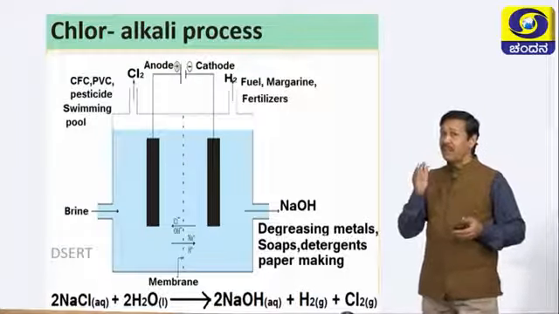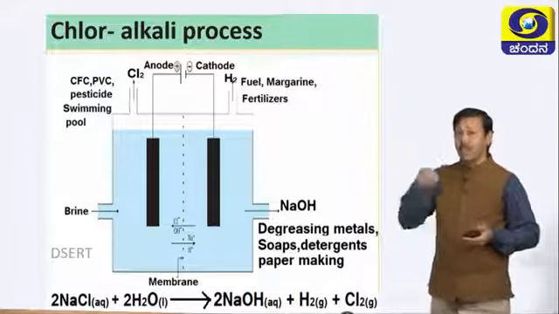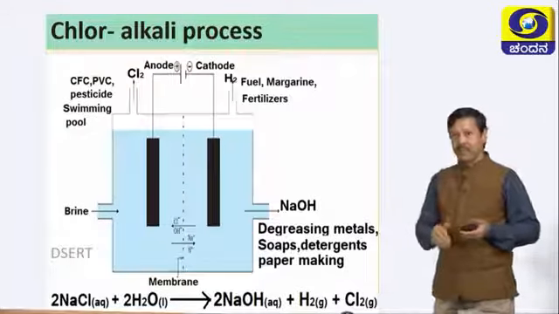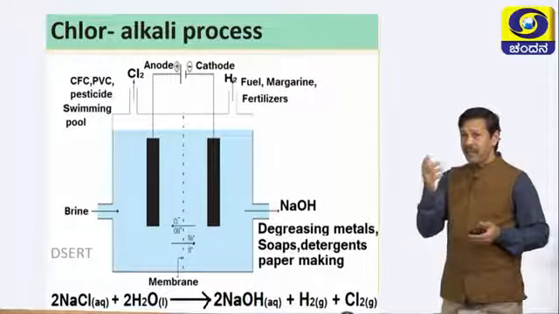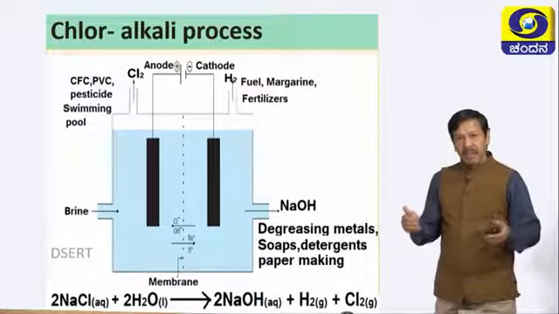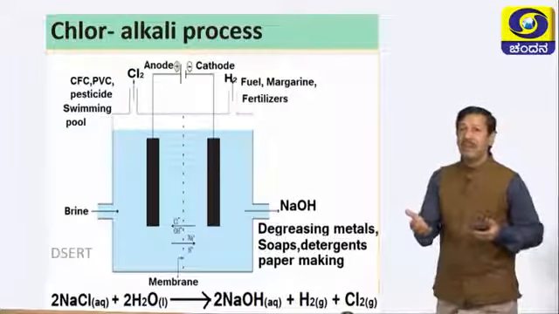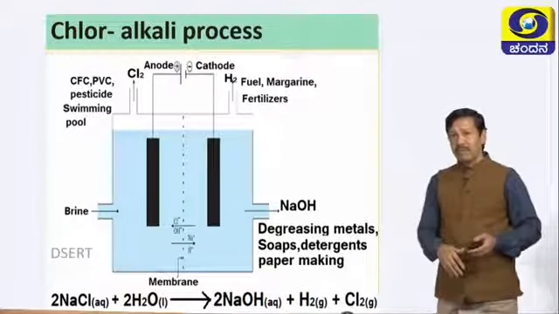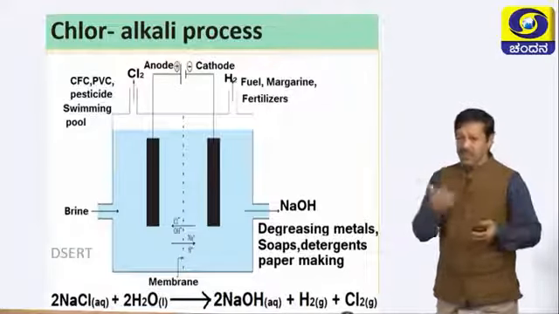Then also used in fertilizers, many fertilizers of ammonium compounds are produced from hydrogen. Now, NaOH is also one of the important products, a major base, used in detergents, soaps, paper making, and also degreasing metals. These are the various areas where we are using sodium hydroxide. So, observe this diagram, as many application level questions are possible based on this.